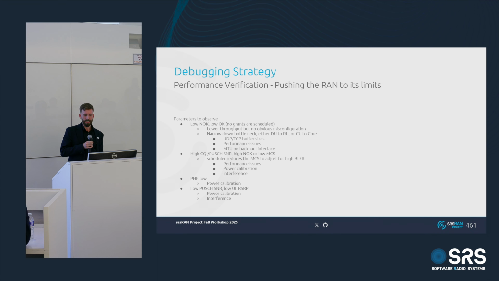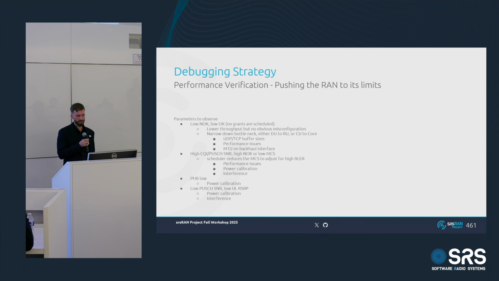If you have high CQI, PUSCH SNR, or a high NOK rate and low MCS, a situation that could happen is that the scheduler is reducing the MCS because of a high BLER. And again, this can be due to performance issues, for example.